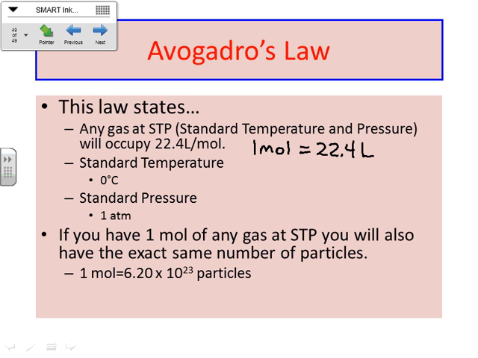And if you have 1 mole of any gas at STP, but you knew this one, right? 1 mole of anything is 6.02 times 10 to the 23rd particles. Whoops, you're right. Sorry, 6.02 is what that's supposed to say, not 6.20. It's right on your notes, so you don't have to switch that around. Technically, we've just learned 6.02.